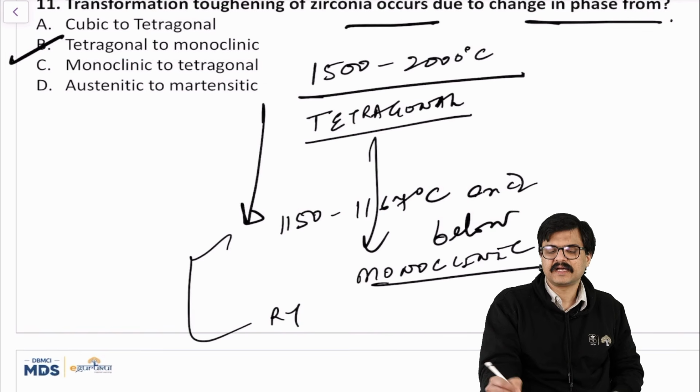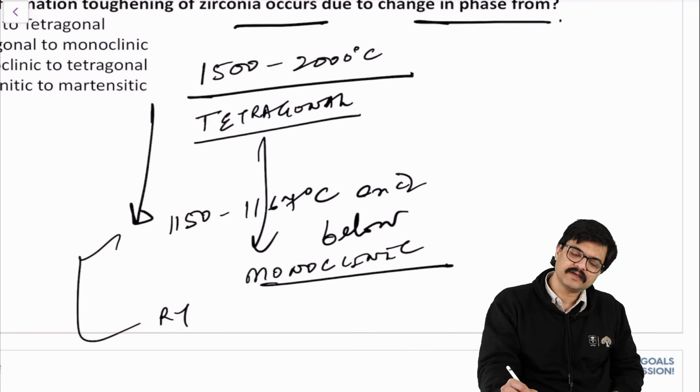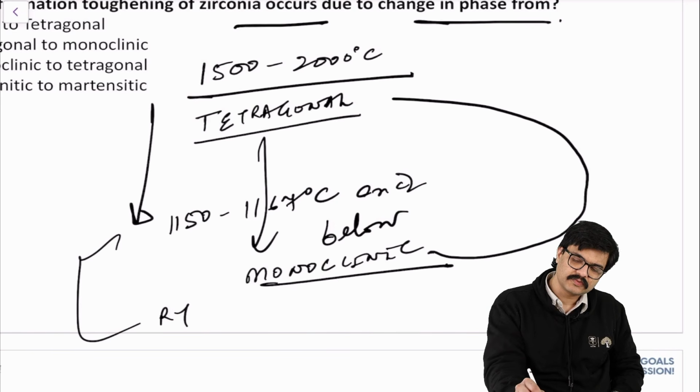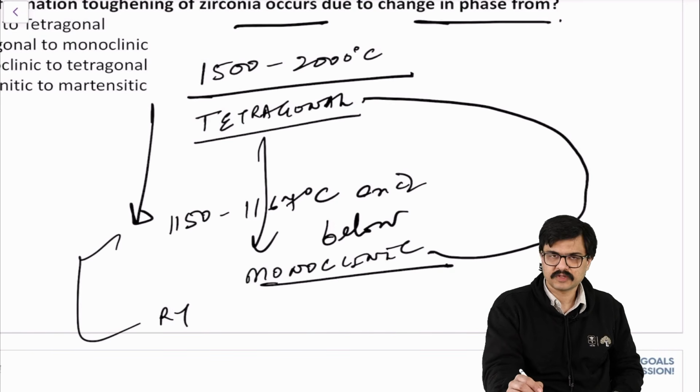Now in general, monoclinic has a greater volume. The size of the crystal structure of monoclinic is greater than that of tetragonal.